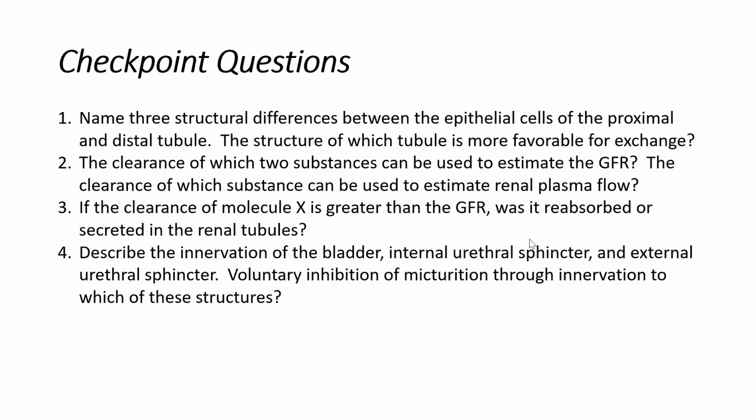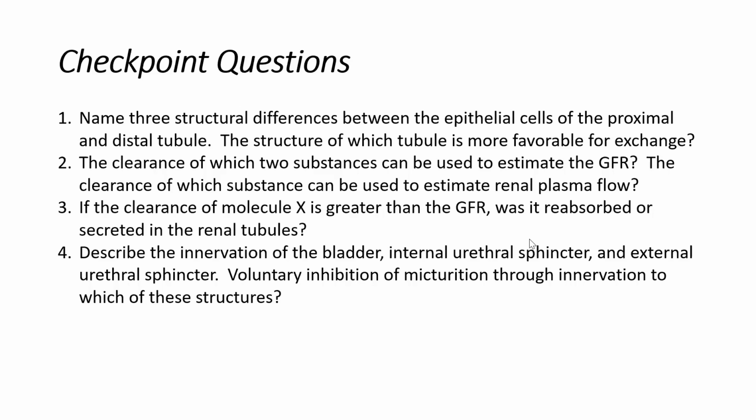The clearance of which substance can be used to estimate renal plasma flow. So this is blood flow through the kidneys. So which of the substances did we say would be a good predictor of renal plasma flow? If we're talking about flow through the vasculature, something that is a good predictor of flow in the vasculature would have to be coming from the vasculature.